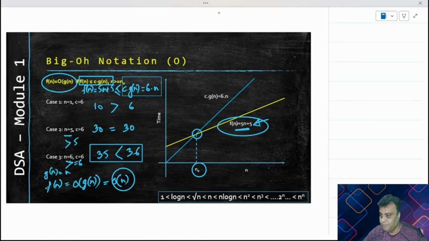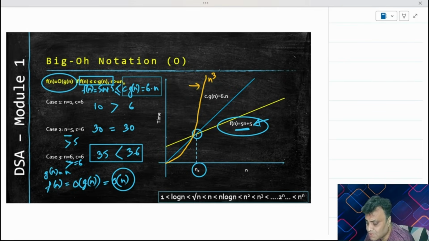Now can I say that I will have something which can exceed Fn, which is of the order of n cube? Let's say this graph is the n cube graph. This graph represents the time complexity of n cube. It's a conventional, simple time complexity.